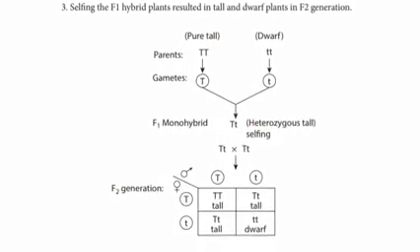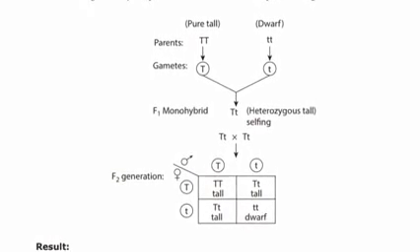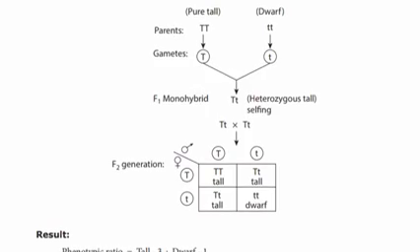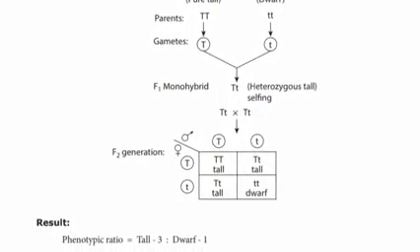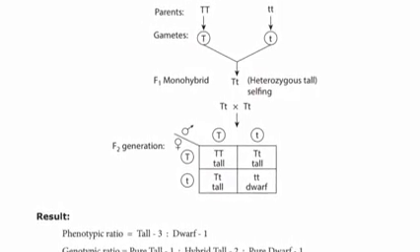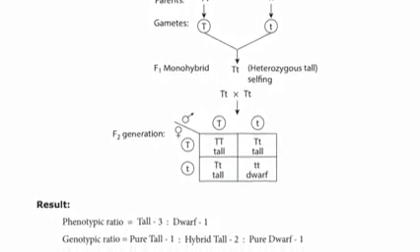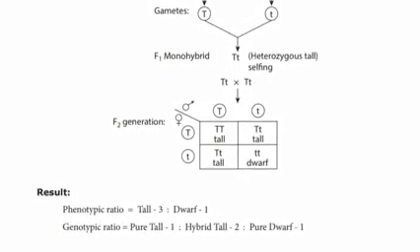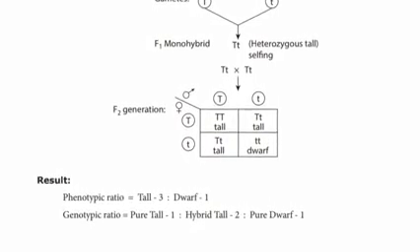All the F1 hybrid plants are tall. Again, the F1 generation is self-pollinated and results in tall and dwarf plants in the F2 generation. The phenotypic ratio is 3:1, 3 tall and 1 dwarf. The genotypic ratio is pure tall 1, hybrid tall 2, pure dwarf 1.